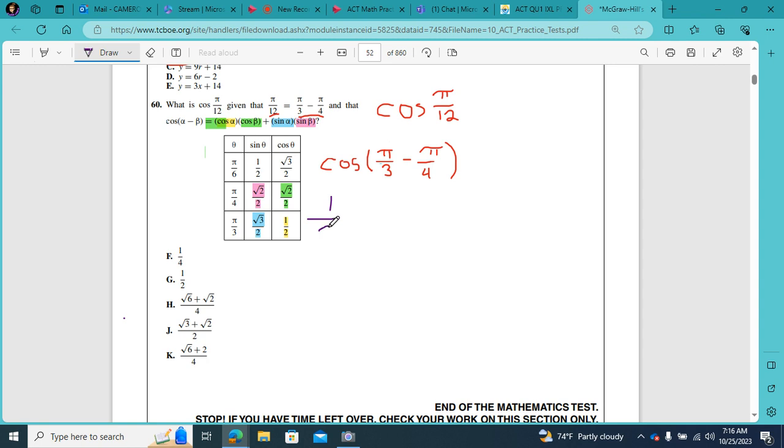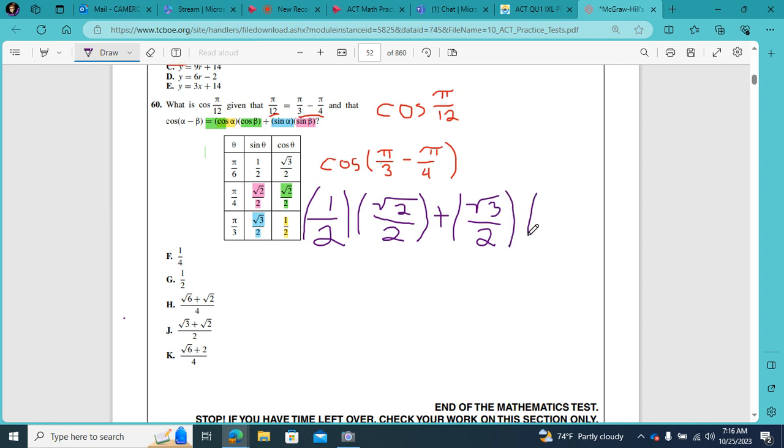So 1/2 times cosine beta, which was my green, square root of 2 over 2, and then a big plus, sine of alpha, which was the square root of 3 over 2, and then my last piece, sine of beta was my pink, square root of 2 over 2.